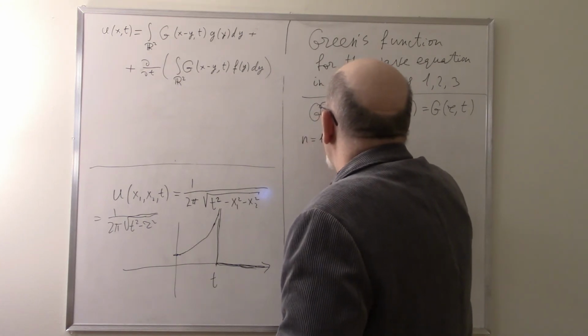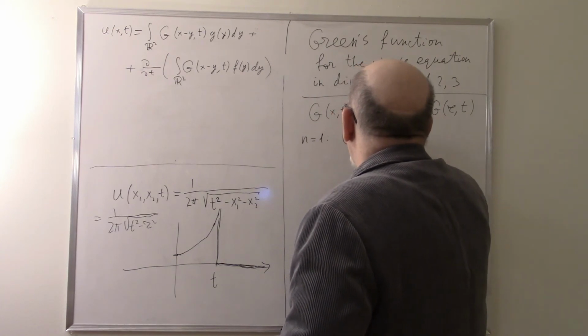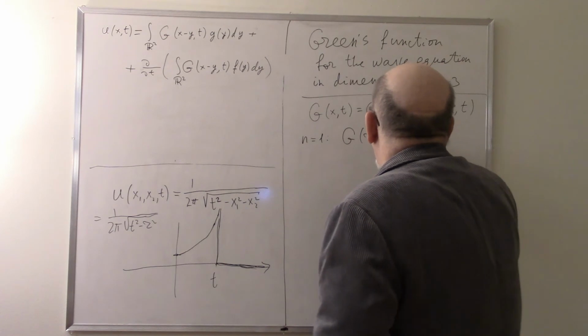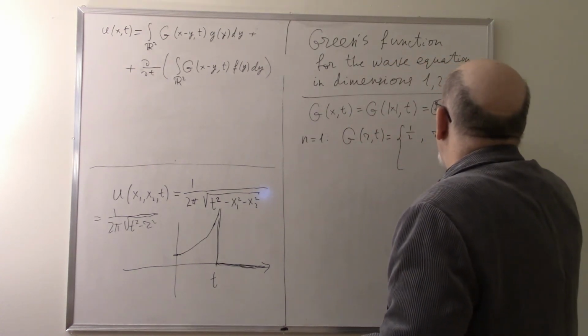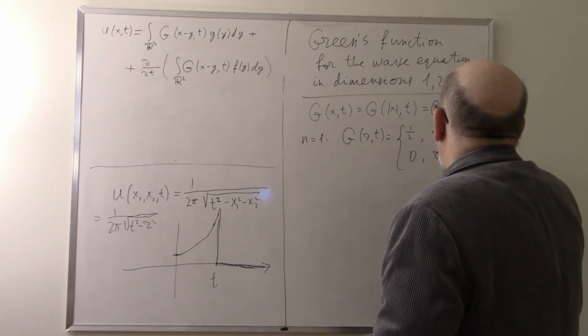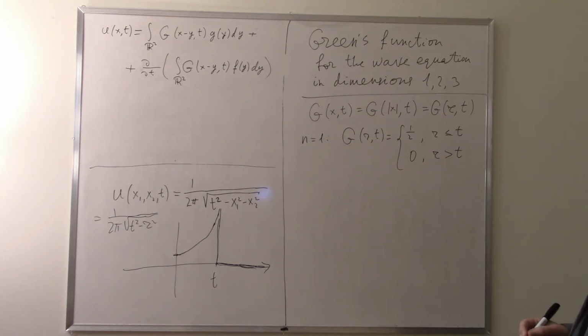N equals 1. G of r, t equals 1/2 if r less than t, 0 if r more than t. Clear?